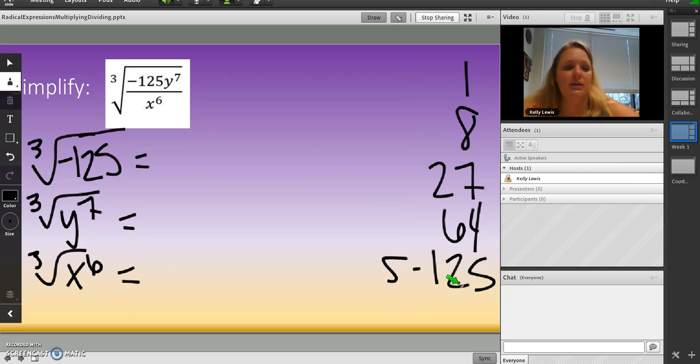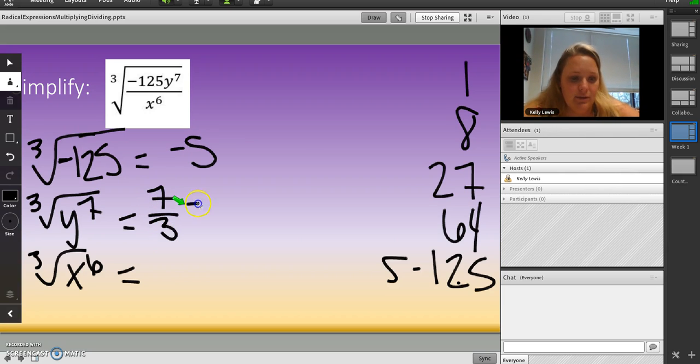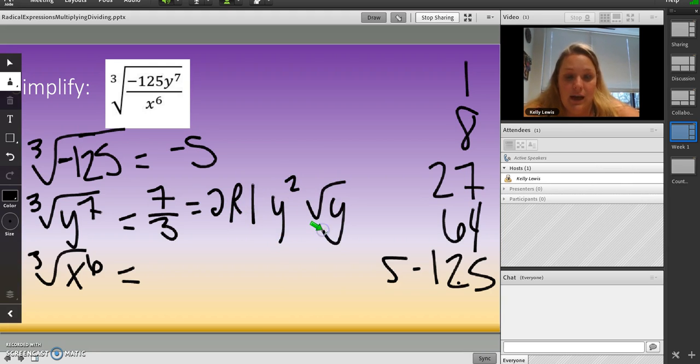So I get 125, but it's negative, so it's negative 5. And y to the 7th, so I'm going to do 7 divided by 3. I get 2, remainder 1. So it's really y squared with 1 inside. I can't leave it like that. I need the cubed root. And then 6 divided by 3 is 2. So it's x squared.